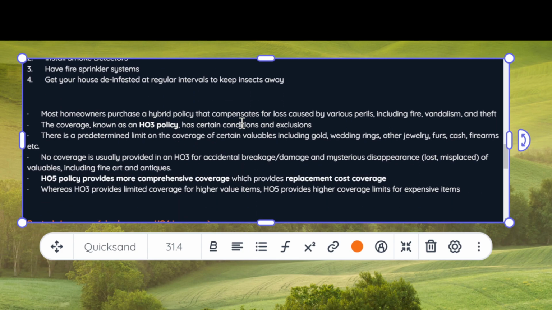When we talk about homeowners insurance, the standard one which most of us buy is the HO3 policy, right? We have different kinds of policies starting from HO1, HO2 and so on, but those are very basic.